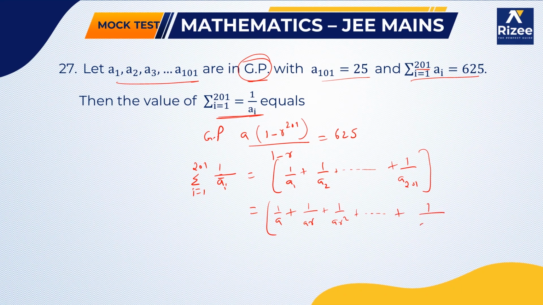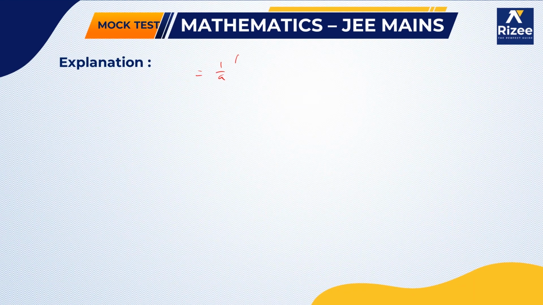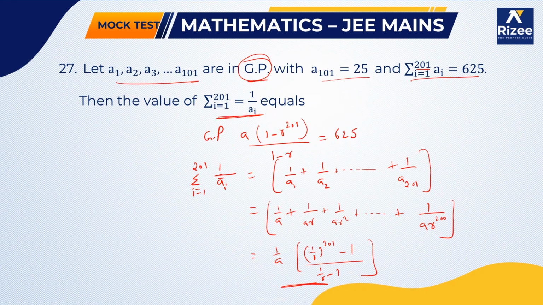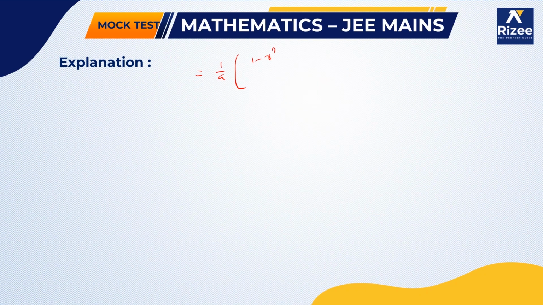Simply we can write that 1 by a into (1 by r) whole power 201 minus 1 by (1 by r minus 1). By solving this we get 1 by a, r power 100 means 1 minus r power 201 by 1 minus r, 1 by r power 200.